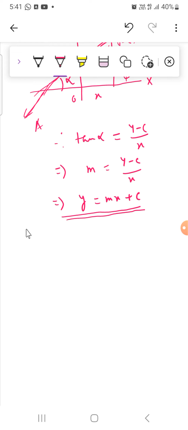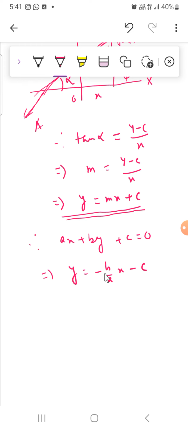If any straight line equation is given as ax plus by plus c is equal to 0, it can be written in this way: y is equal to minus a by b times x minus c by b. So here minus a by b is the slope of the straight line.